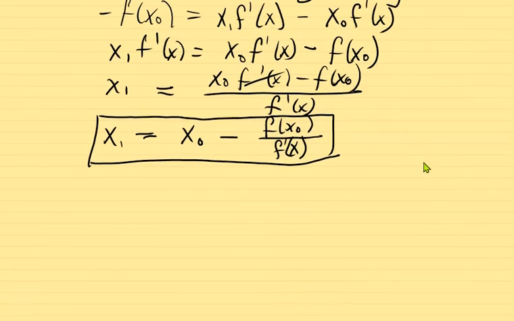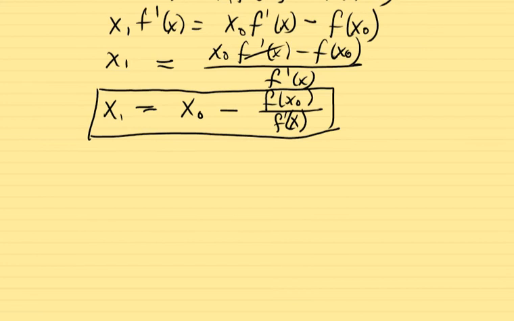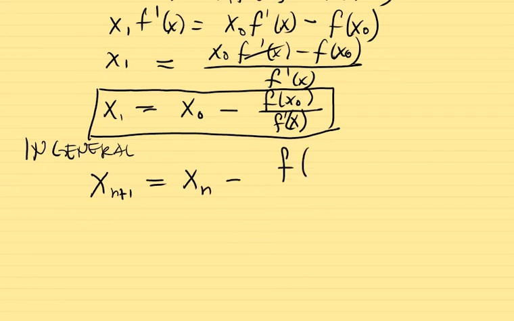But in general, instead of using x1, we can just put here xn plus 1. So this is in general. And instead of x0, we can start at any point you want, so xn minus f of xn, divided by f prime of xn.